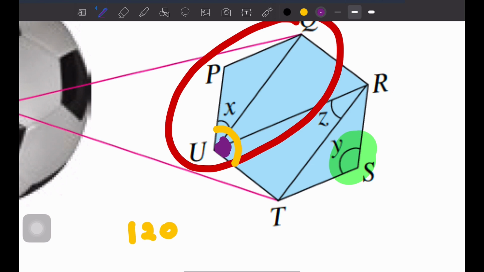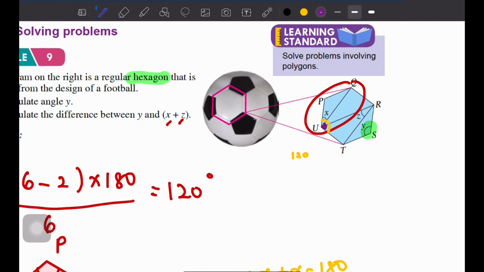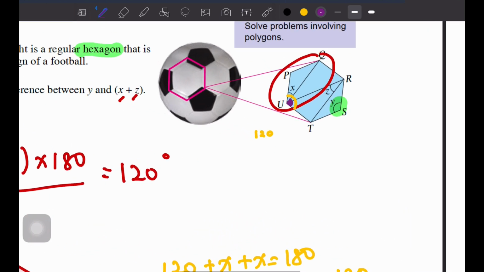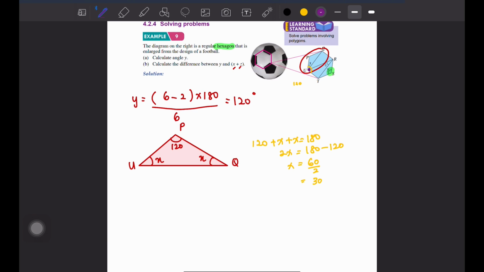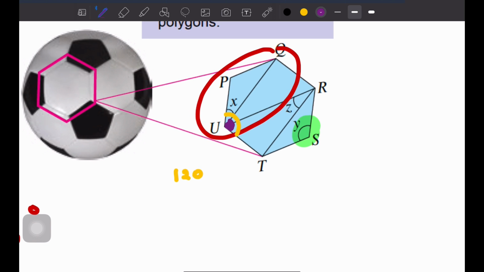You can use that method also to find x. 120 minus 90 is equal to x. So x is equal to 30. So we just found out about that. Next, how to find z.